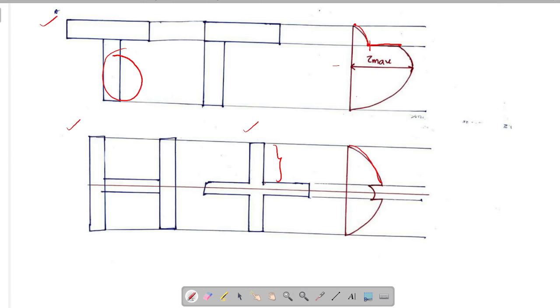Here, just above the junction, width is, suppose, small b, and just below the section, width is capital B. Here, width is increasing from small b to capital B. We know the shear stress formula is S A y bar by I B. As the width is increasing from small b to capital B, there will be a decrease in shear stress. Here, the shear stress is decreasing from here to here. And after this is a rectangular variation.